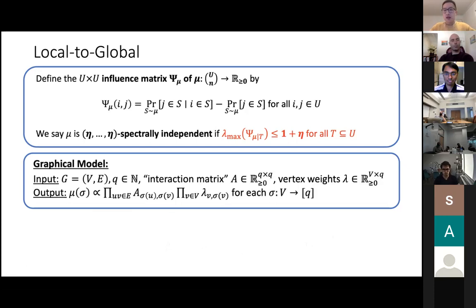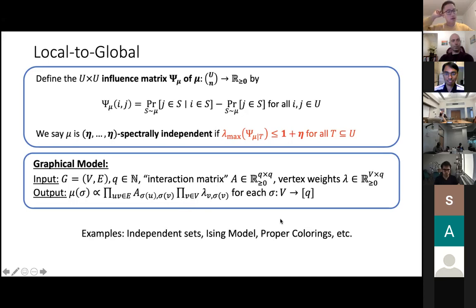Just to give a slightly more technical definition, which our result applies to: here you have a distribution which is a product over the interactions across edges, and also a product over weights on the vertices. You don't have to parse this technical definition. Just keep in mind a few examples. One is independent sets.